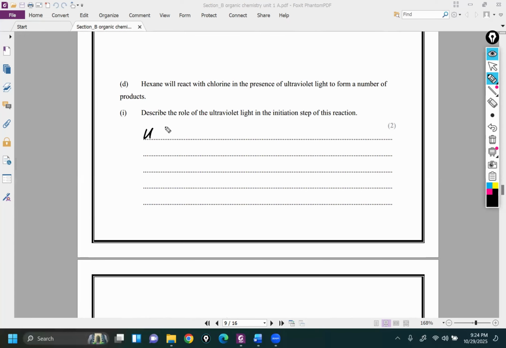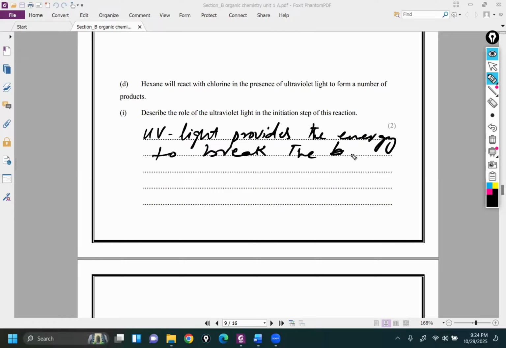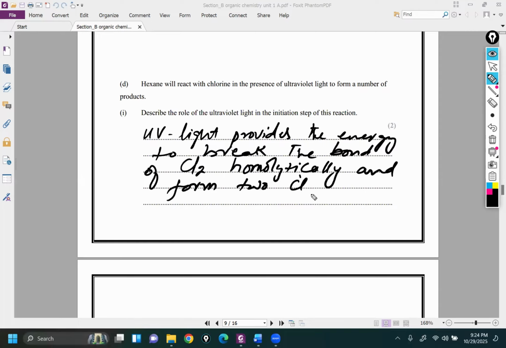So the UV light, UV rays, provides the energy to break the bond of Cl2 homolytically and form two chlorine free radicals.